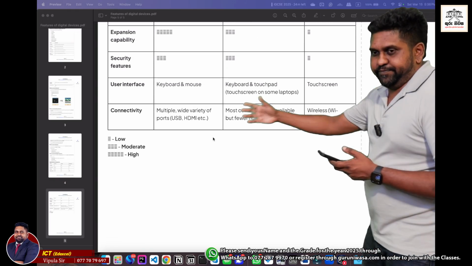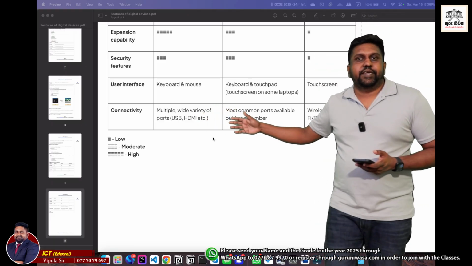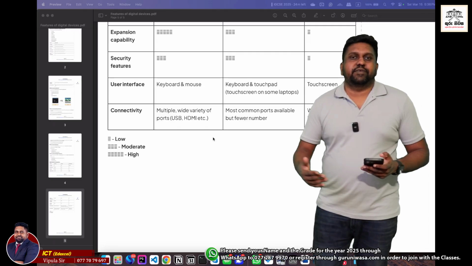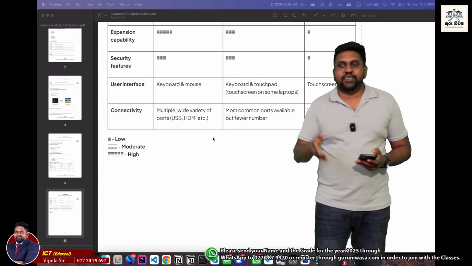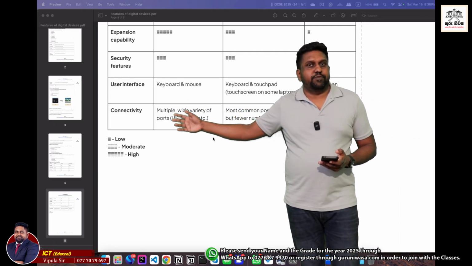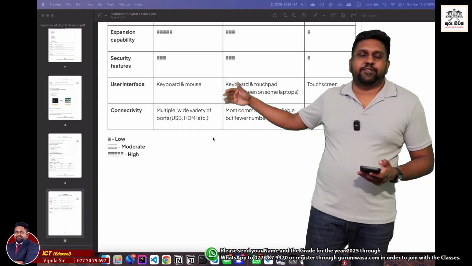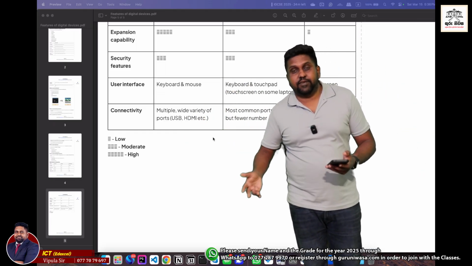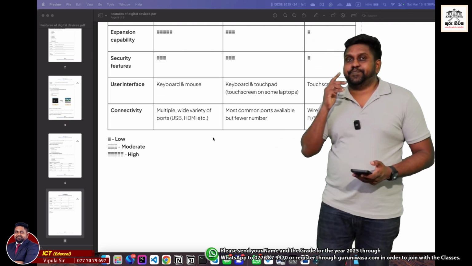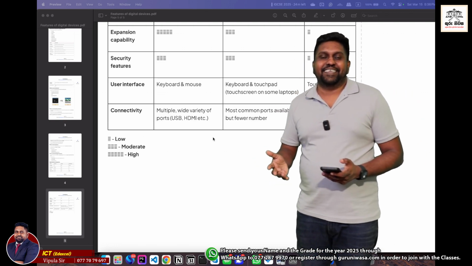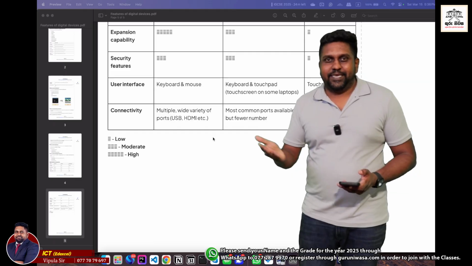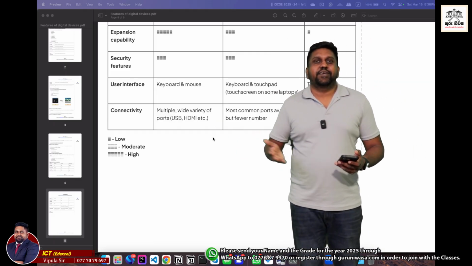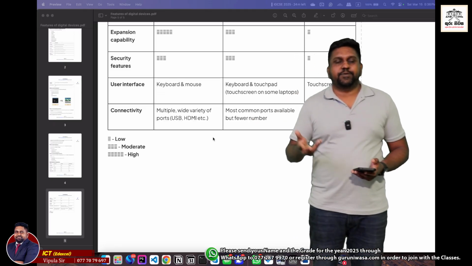Here, when it comes to a desktop, you can see desktops have different types of ports and multiple abilities to connect different devices. You can connect USB devices, you can connect HDMI, and you have lots and lots of ports, as well as you can expand. If your motherboard has enough slots, you can plug in different cards and have different connectivity options enabled.